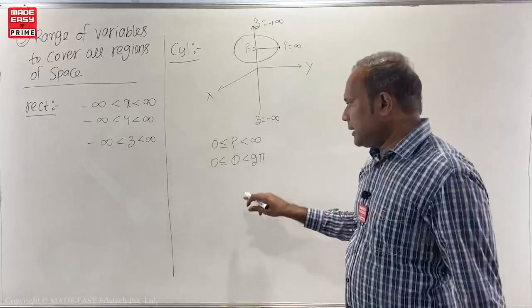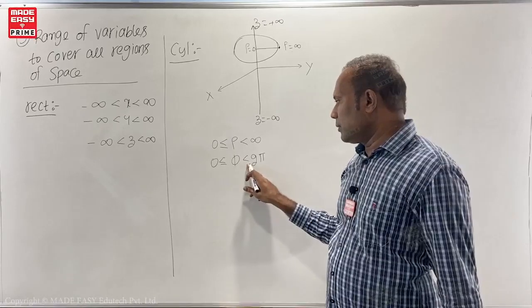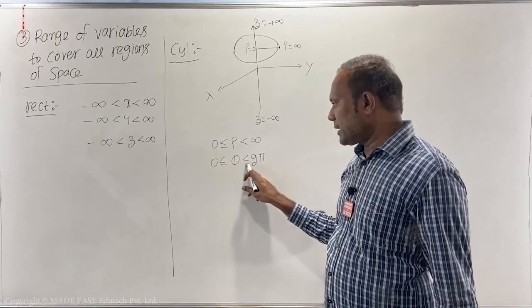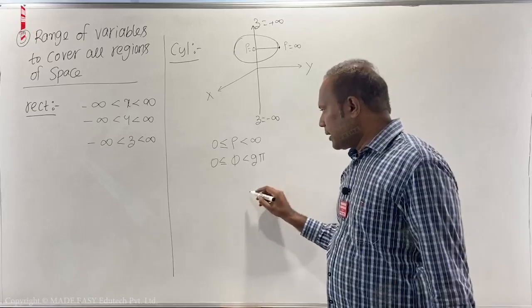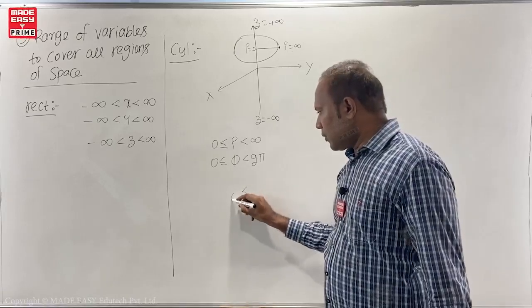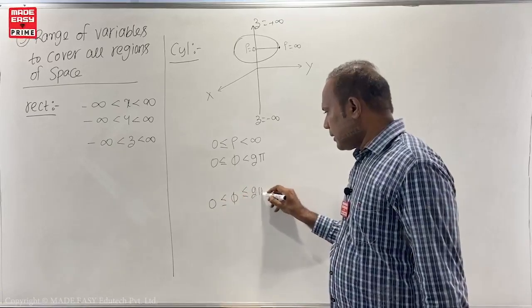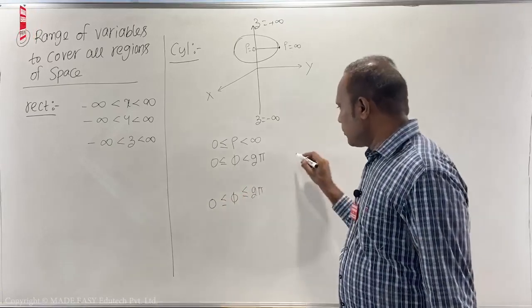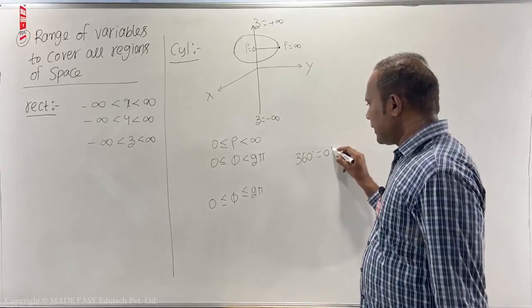So the horizontal angle is 0 less than or equal to phi less than 2 pi. Why is equal to not kept here? Because if you put equal to, then 360 degrees is once again 0 degrees.